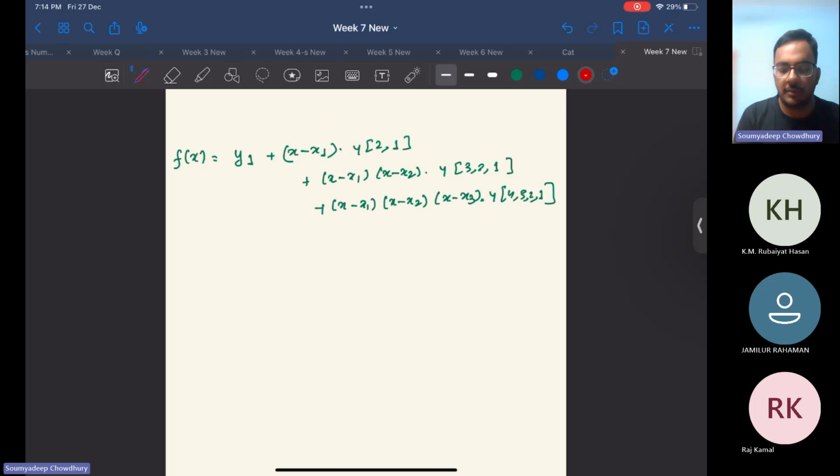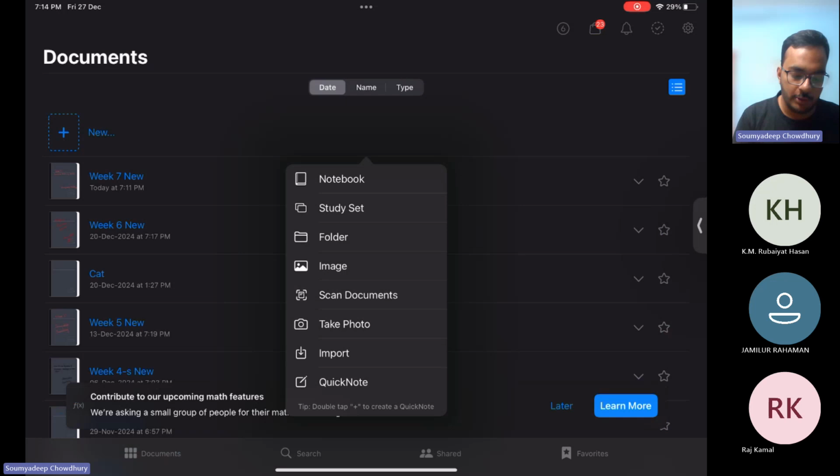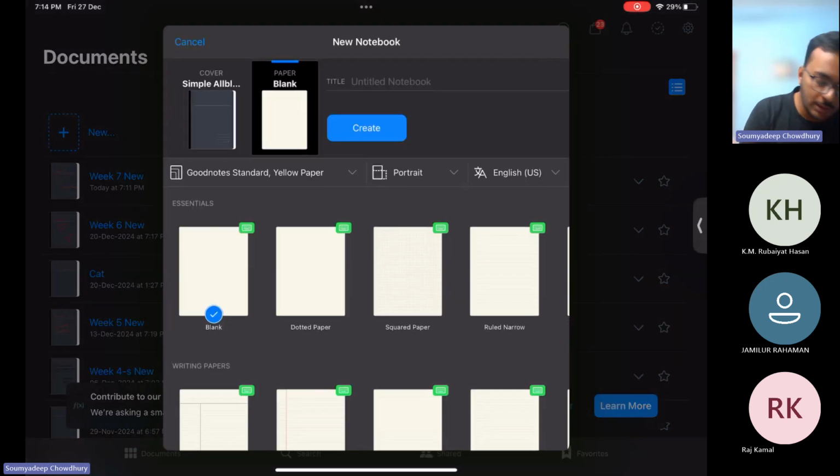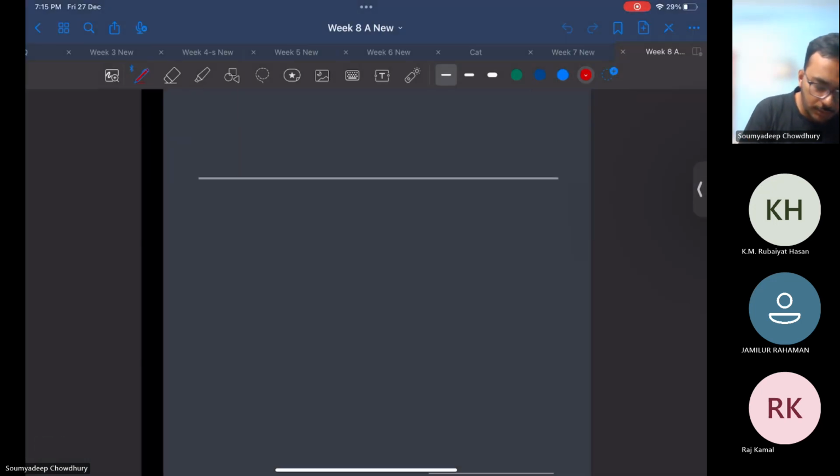Okay, so this was all about interpolation. Now once we have this interpolating polynomial, we go to the next module, which is called numerical differentiation.